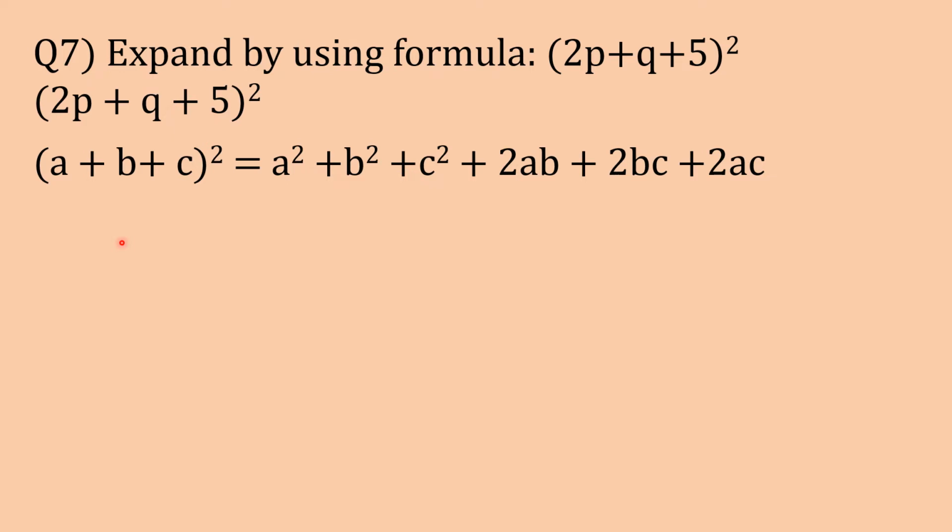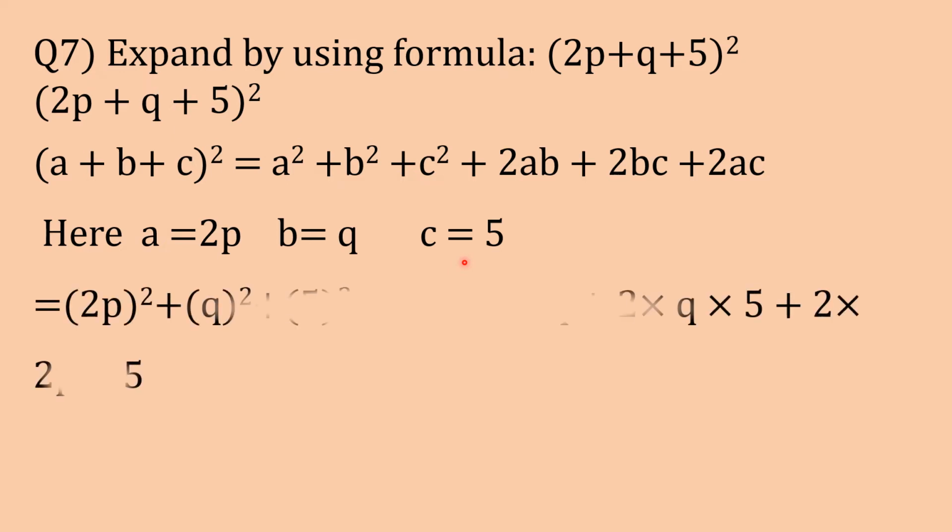So by using the formula a plus b plus c the whole square equal to a square plus b square plus c square plus 2ab plus 2bc plus 2ac, I'll expand my question, that is 2p plus q plus 5 the whole square. So I've written here a is 2p, b is q and c is 5.